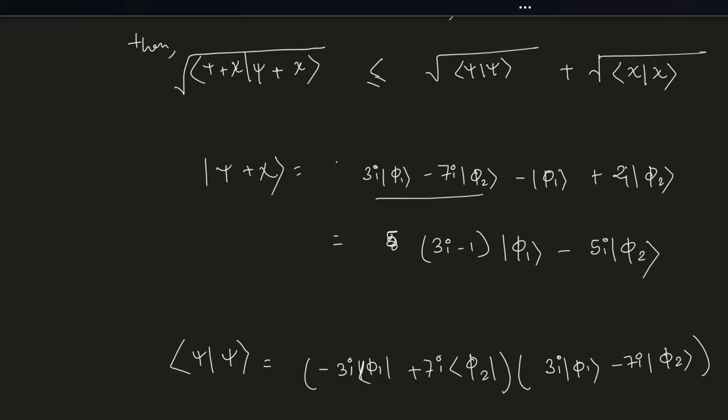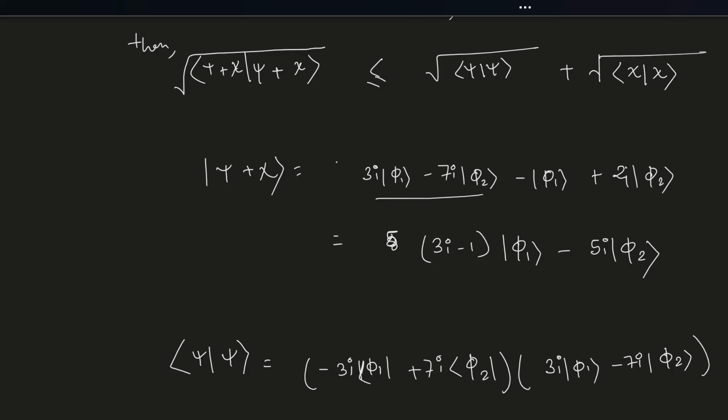Now remember that phi 1 and phi 2 are orthonormal. That means phi 1 with phi 1 is 1, and phi 2 with phi 2 is also 1, but phi 1 with phi 2 equals 0, and also phi 2 with phi 1 equals 0, since they are orthonormal.